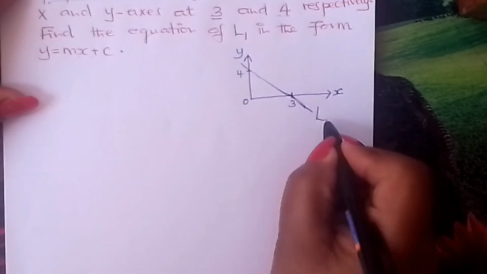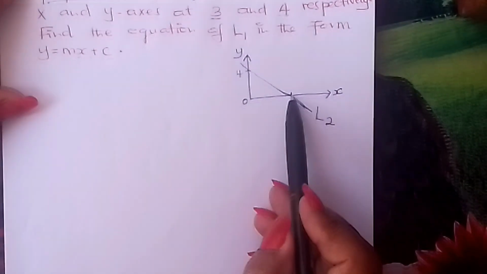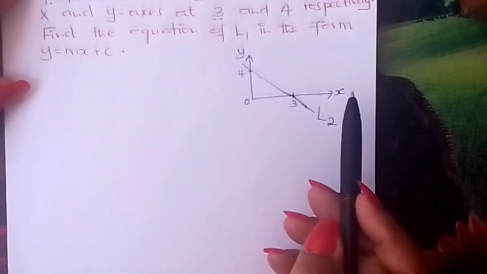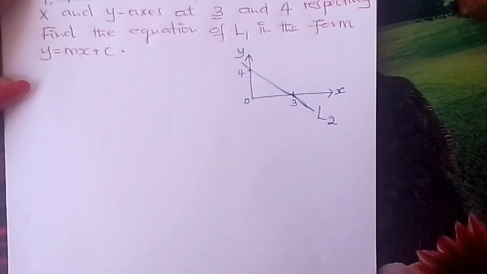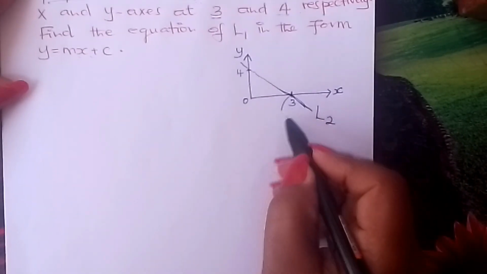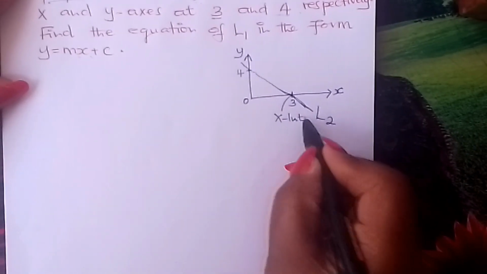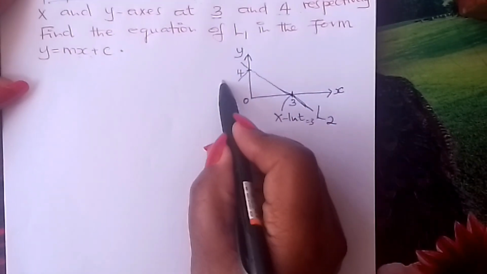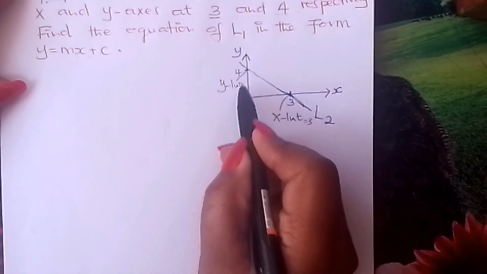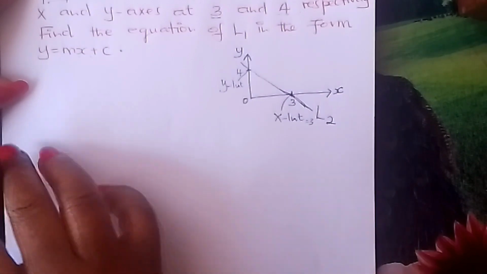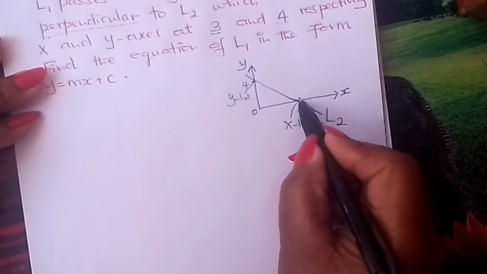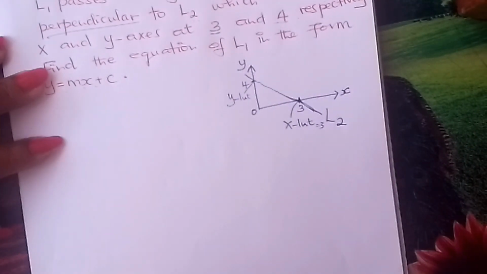So suppose that is our L2. It cuts the x-axis at 3 and the y-axis at 4. So these are things to do with intercepts. Our x-intercept is 3, learner, here. Our y-intercept here is 4. Then, something to remember. At the x-intercept, what is your y?